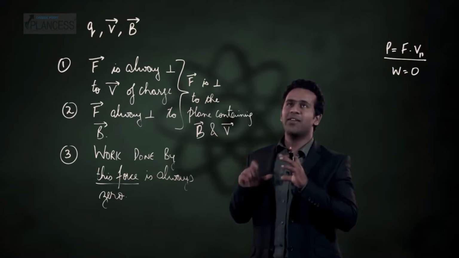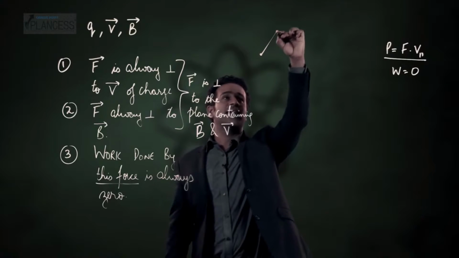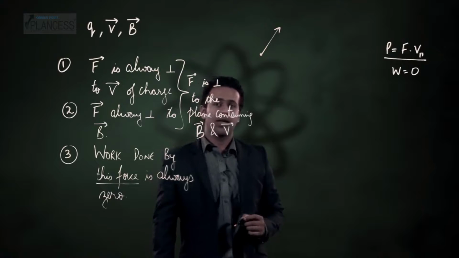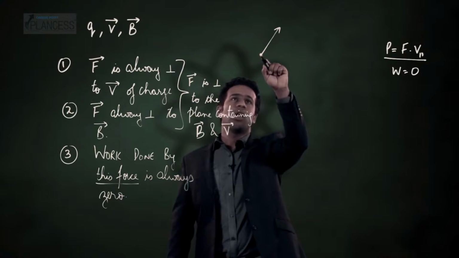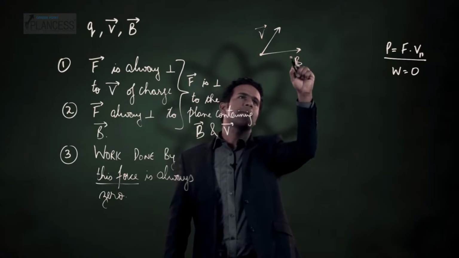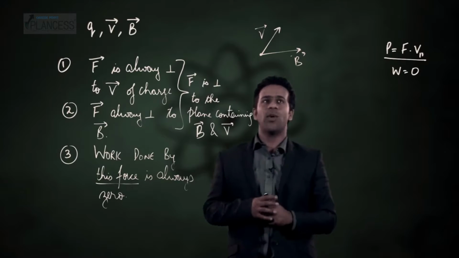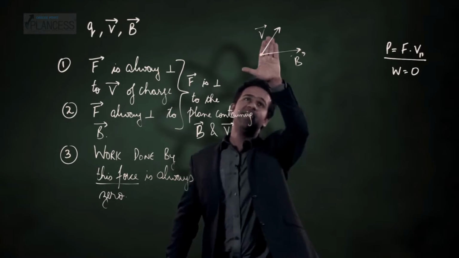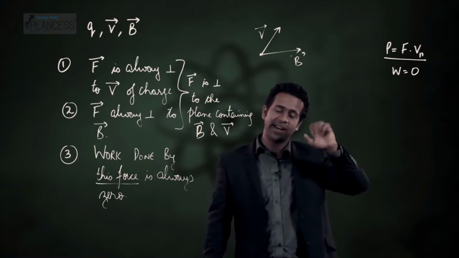Now try and visualize this. Let's say that a particle is moving in this direction, which is the direction as shown, and the magnetic field is again as shown. Now, the thing to understand here is that v and B are in the same plane. This is the plane in which I am writing.